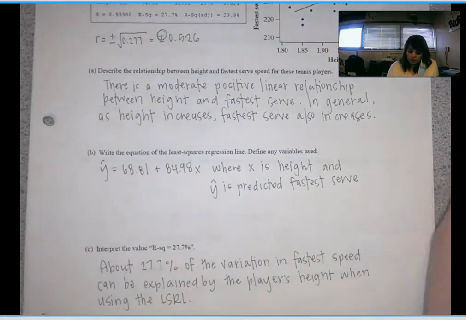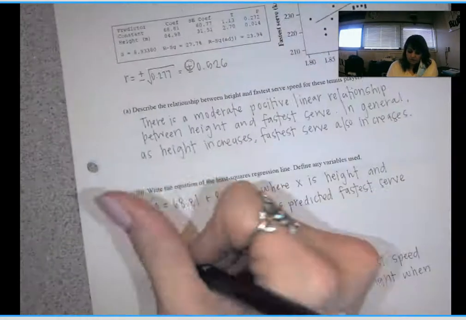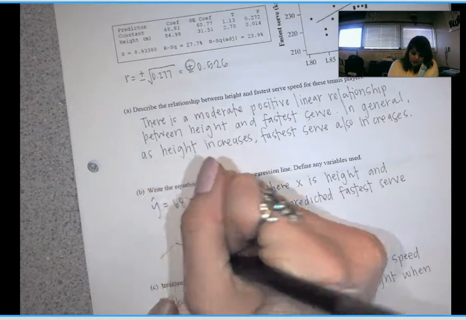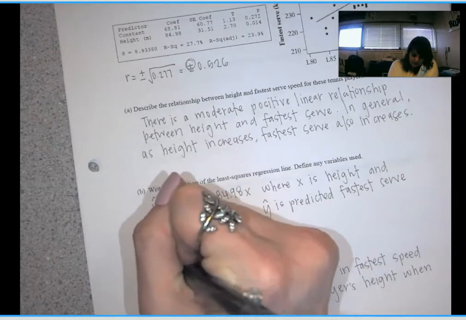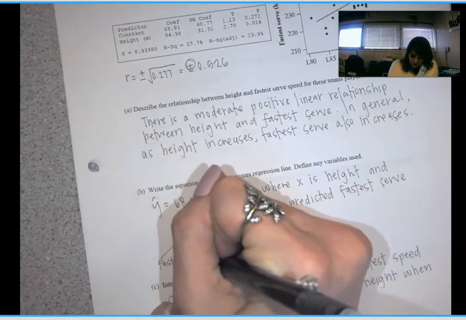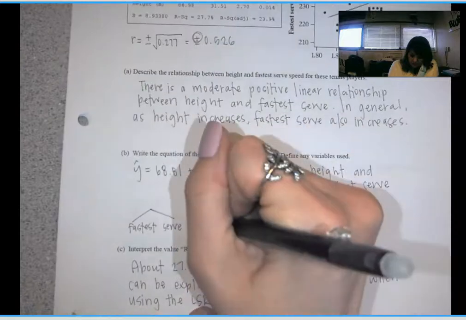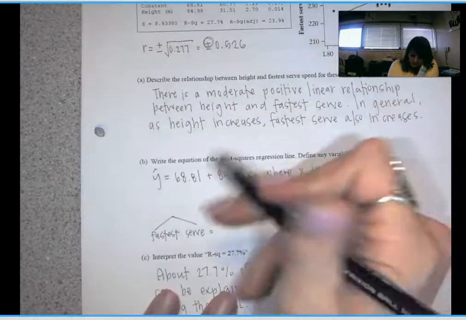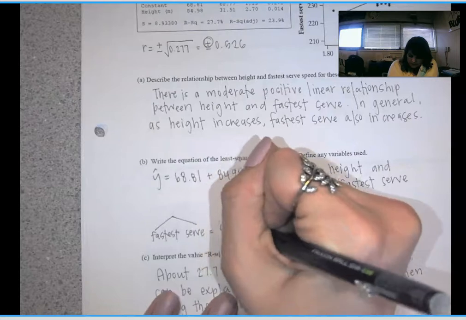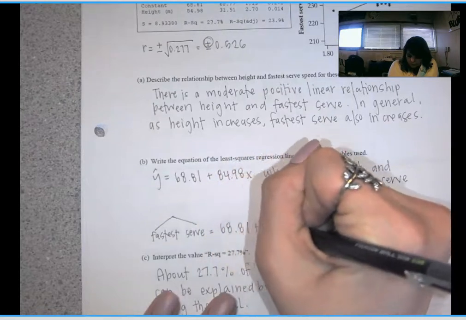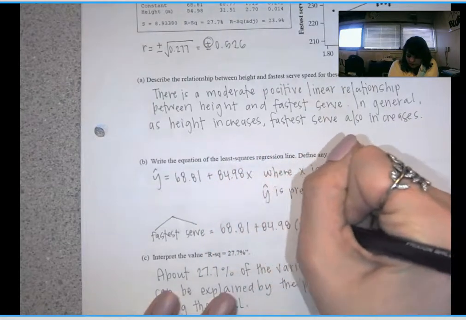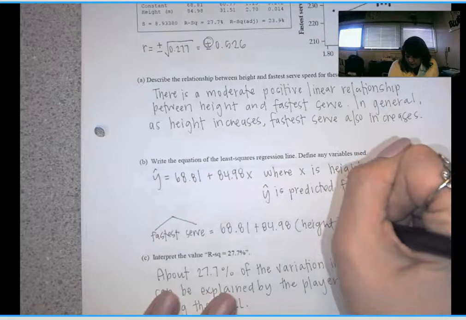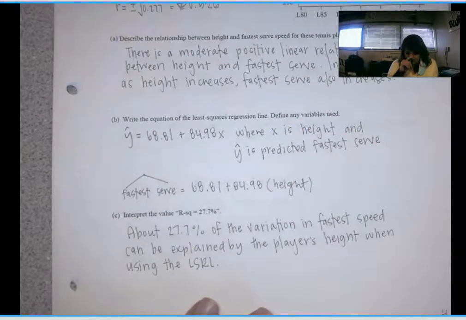You could have also done the hat with fastest serve, and then the coefficients with height. I don't really prefer that method, but you can use it, and I wouldn't mark you wrong for that either.